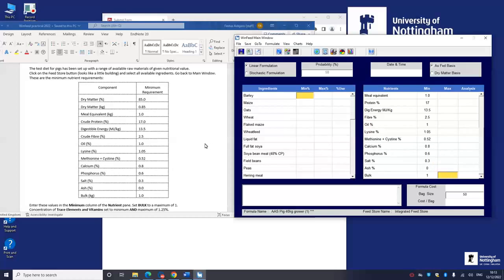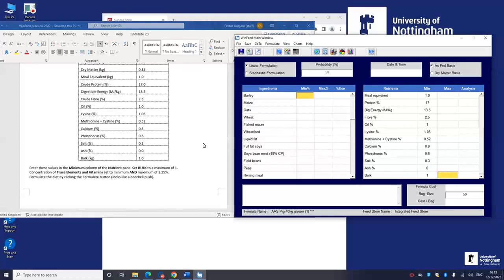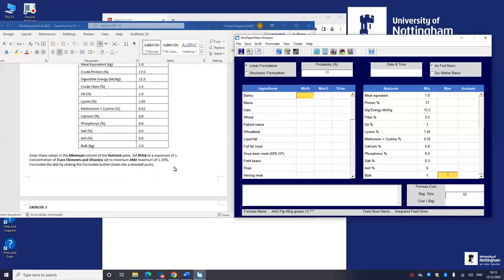Enter these values in the minimum column of the nutrient pane. Set bulk to a maximum of 1. So bulk is minimum 1, maximum 1.